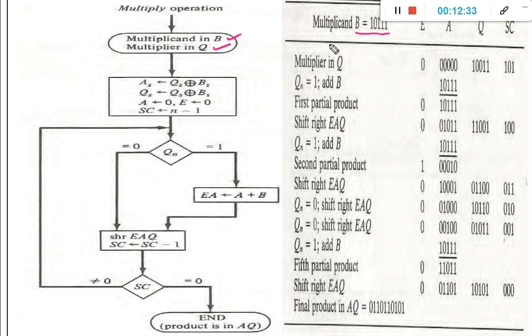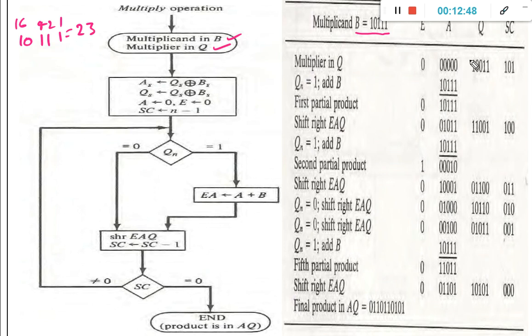What is the value of 10111? It means 1, 2, 4, 8, 16, so it is 23.